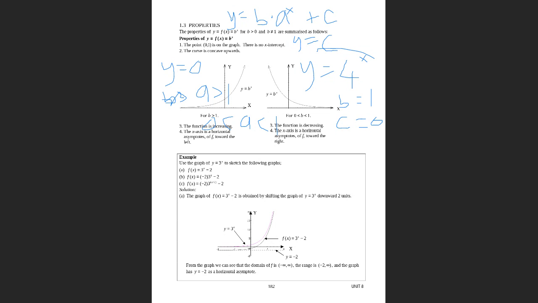You must take note of that. I'm saying the base because we are using different letters here. So anytime the base of the exponent is greater than 1, you always have an increasing function, and anytime the base of the exponent is between 0 and 1, you are always going to have a decreasing function.